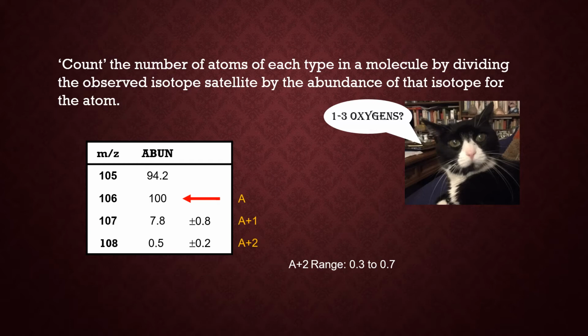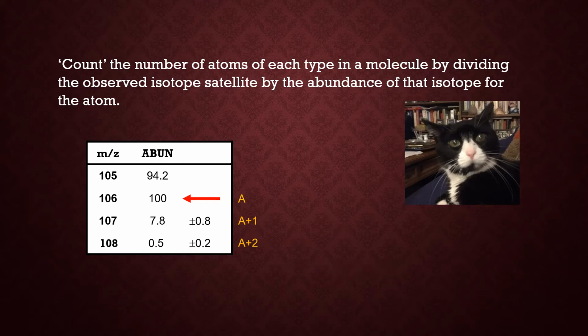So the error involved substantially changes the number of guesses that we're going to be working with when we try to interpret the mass spectrum. So we're considering a molecule that has something between 6 to 8 carbons and 1 to 3 oxygens in it.